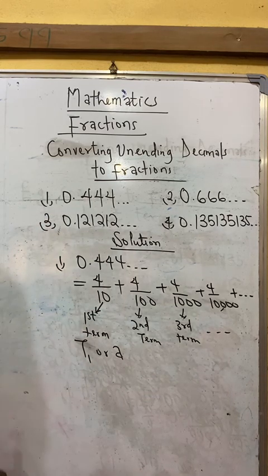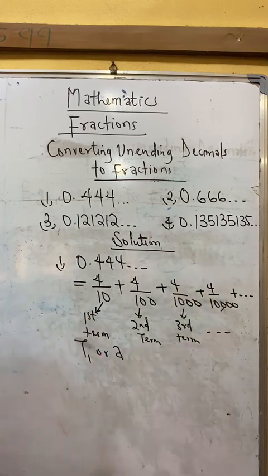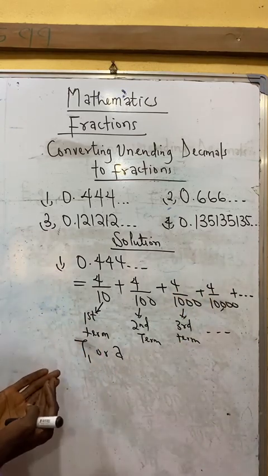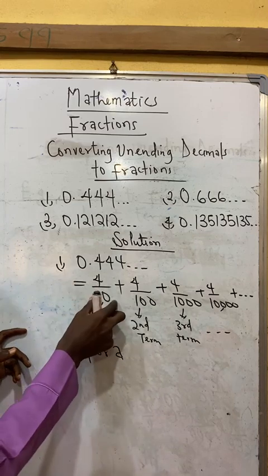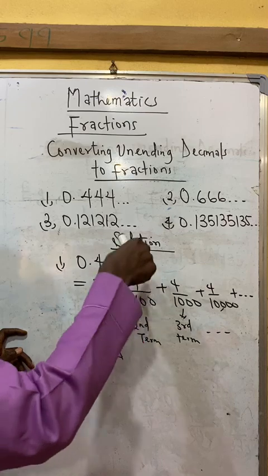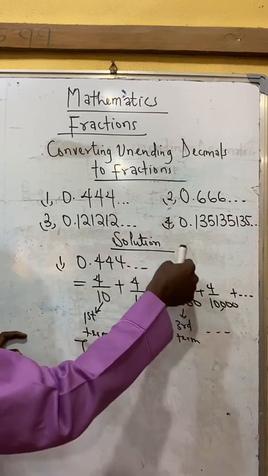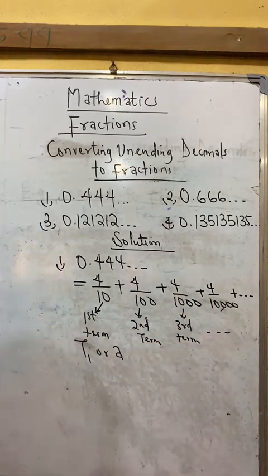Now, for GP, we need a common ratio. There is a common ratio between all these numbers that they added together. What do we mean by common ratio? They have multiplied this by something to get this, and multiplied this by the same thing to get the next one, and again the same thing. That's what we call common ratio.